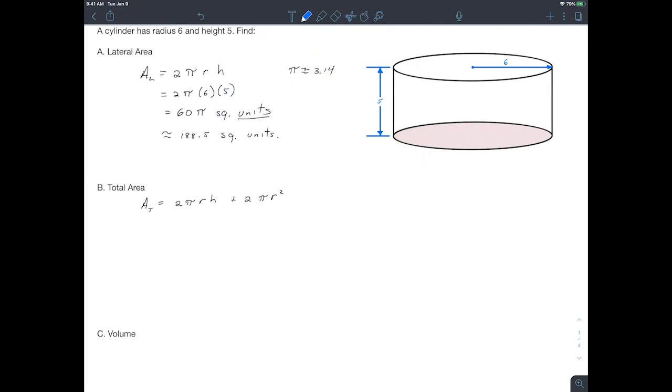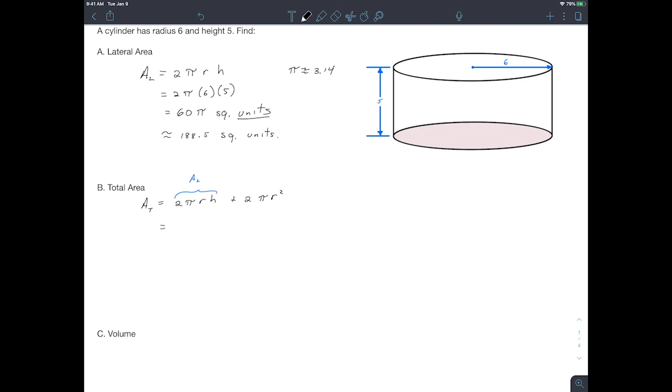Now, you will notice here that the first part of this formula is the lateral area. Because to get the entire area, we will take the lateral area and add the area of the bottom and the area of the top.